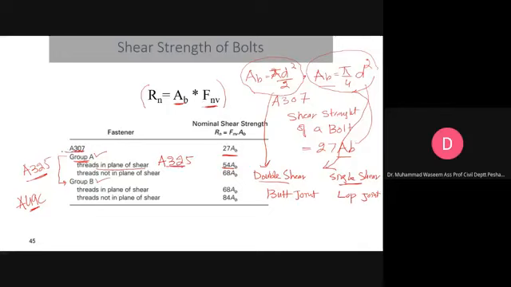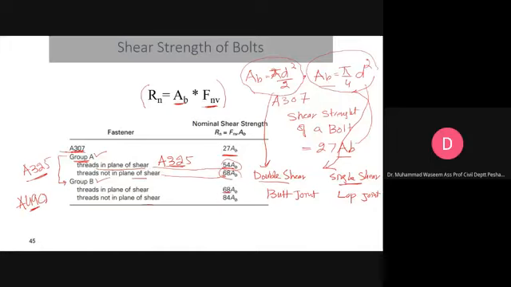If the thread is not in the plane of shear, you will use this formulation. For A490, when threads are in the plane of shear, the shear strength is reduced.